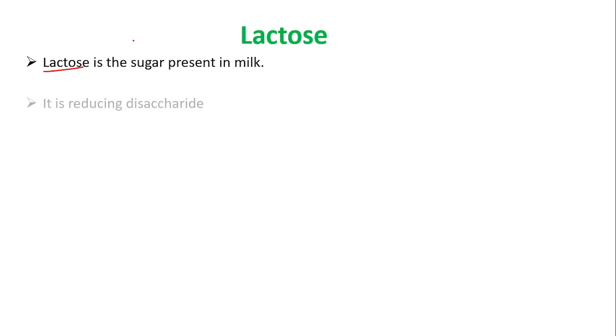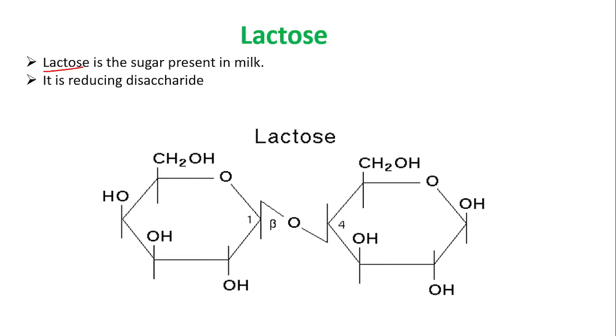Now lactose is a reducing sugar, and that's how it looks. And in lactose there is that glycosidic bond. The bond you are able to see there is a glycosidic bond.